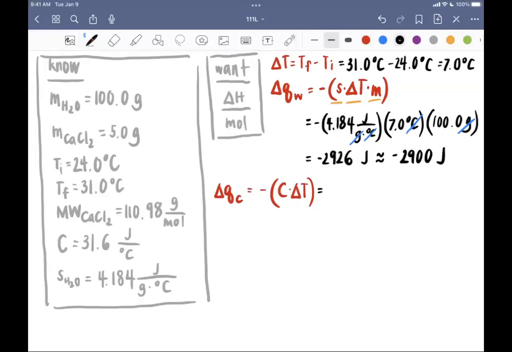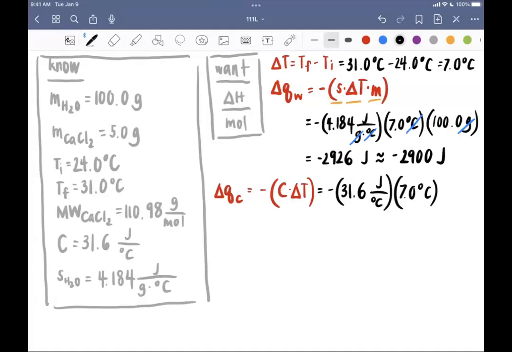So we have negative heat capacity of the calorimeter. We found from activity 1 is 31.6 joules per degree Celsius, and the change in temperature from the addition of calcium chloride is 7 degrees Celsius.